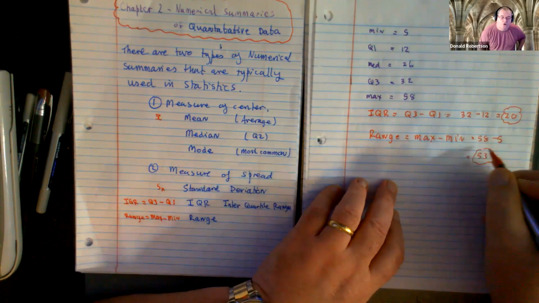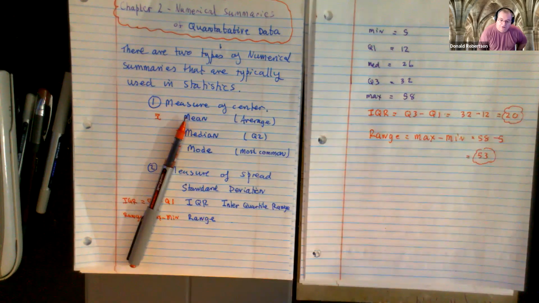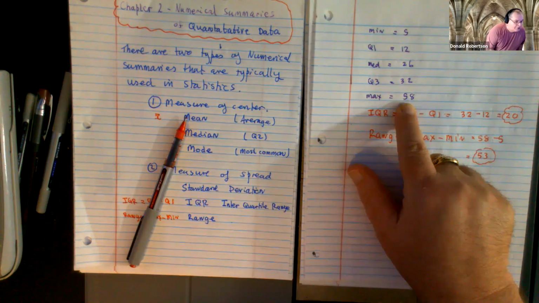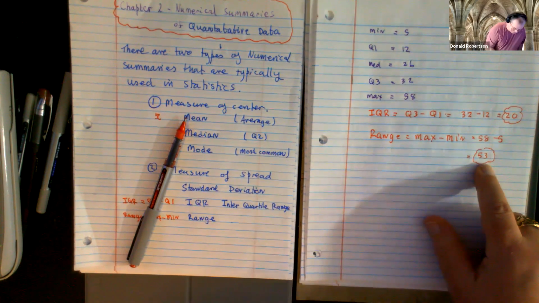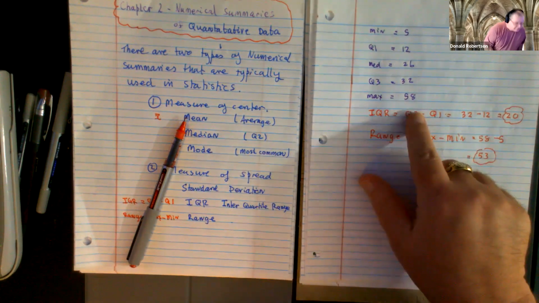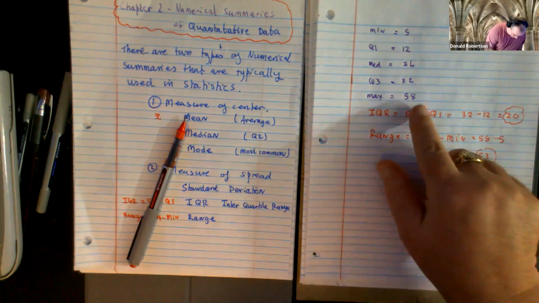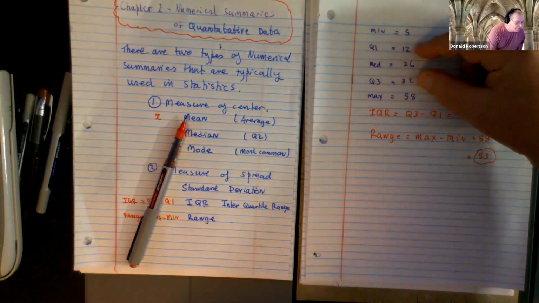Now, the range is not as good a measure of how spread out data is. And the reason it's not a good measure is, remember the Bill Gates story that we used before on Friday? If this number, just this one number, was really big, won't the range be huge? Right, if this number was 50 million, wouldn't the range be ridiculously big? If this number was 50 million, won't the interquartile range be exactly the same as it was before?